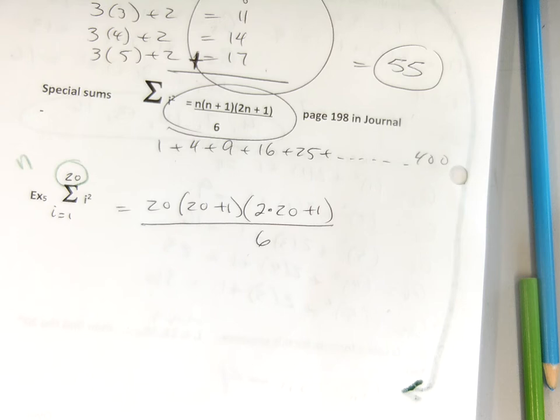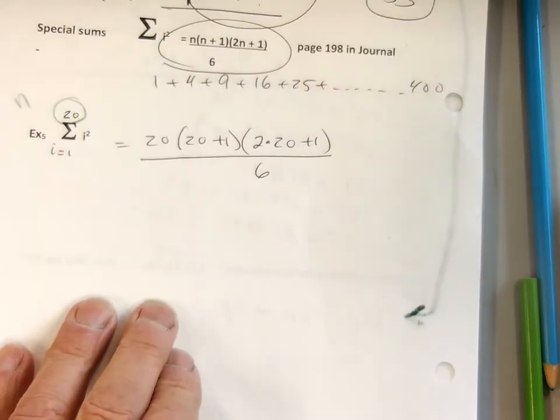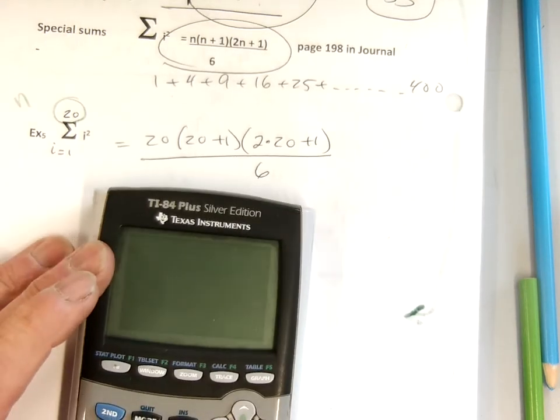Okay? So, instead of doing this would be a pain, right? You got to make up all 20 of them. Much easier just to plug this number into my formula, which I did. Here's my 20, right? And then let your calculator do the work. Formulas are great, aren't they? So I'm just going to take my calculator, and I'm going to go like this.